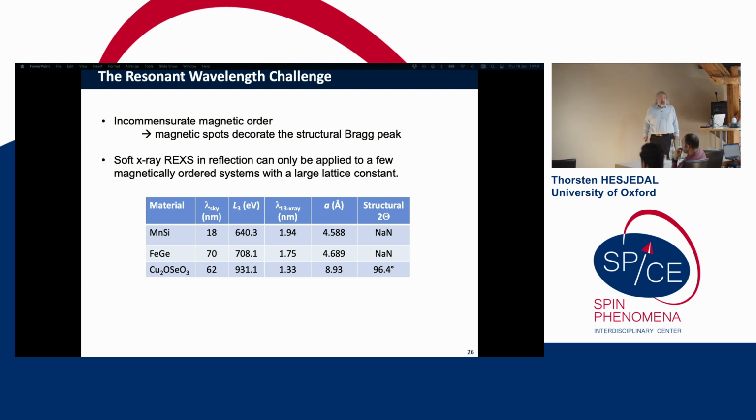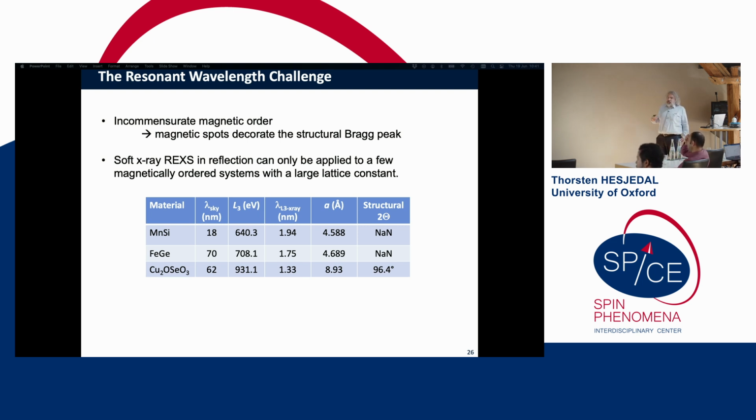We have a problem in resonant elastic X-ray scattering, and that has to do with, well, the magnetic element that we want to look at. So I just said that copper oxide selenate works beautifully, and the reason for that is that at the L3 edge, we have a wavelength of 1.3 nanometers, and we have a rather large unit cell of 8.9 angstroms.